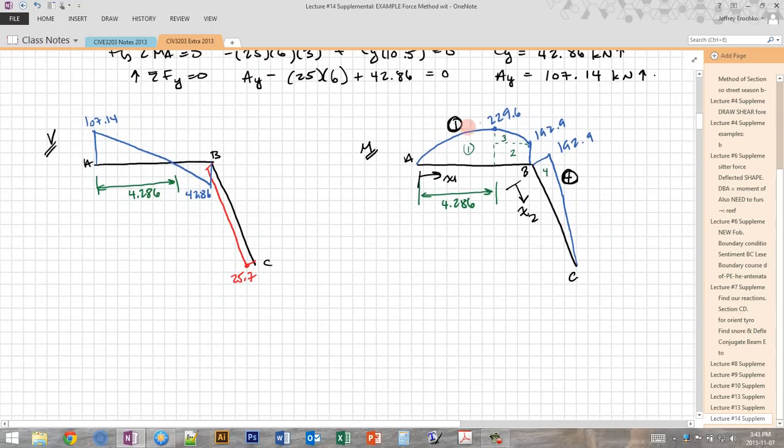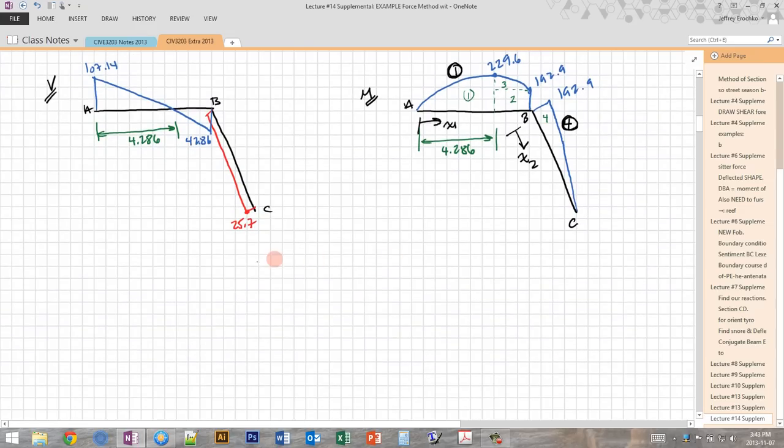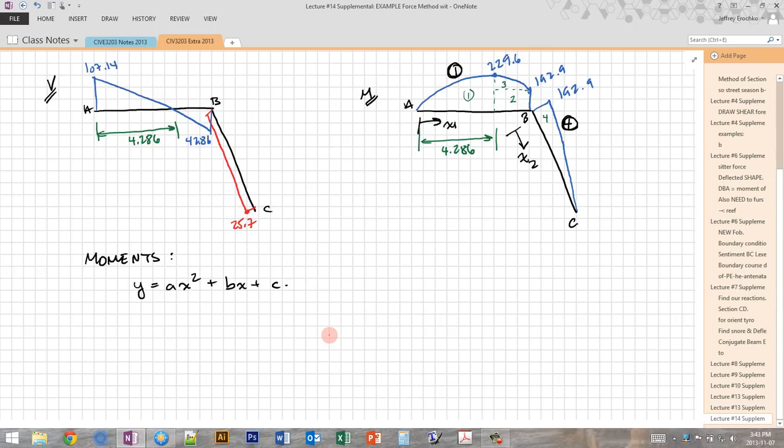So for the first parabola here, we know that the equation for a parabola is y equals ax squared plus bx plus c. So what we have to do here is to apply boundary conditions and different points on the parabola in order to solve for this. So we'll need 3 different points on the parabola in order to solve for a, b, and c.